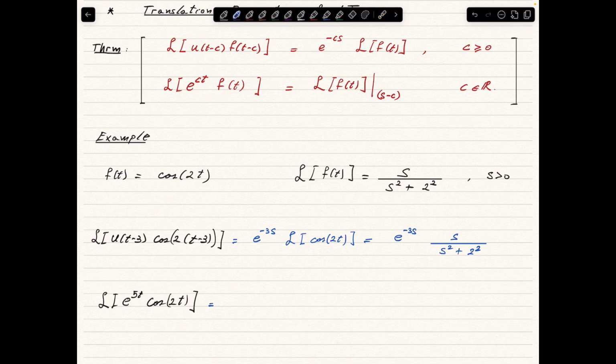Well, this is going to be the Laplace transform of the cosine without the exponential, which is a function of s.